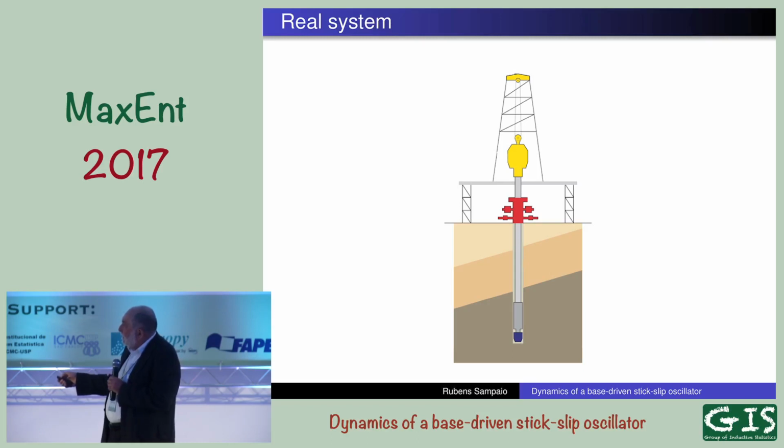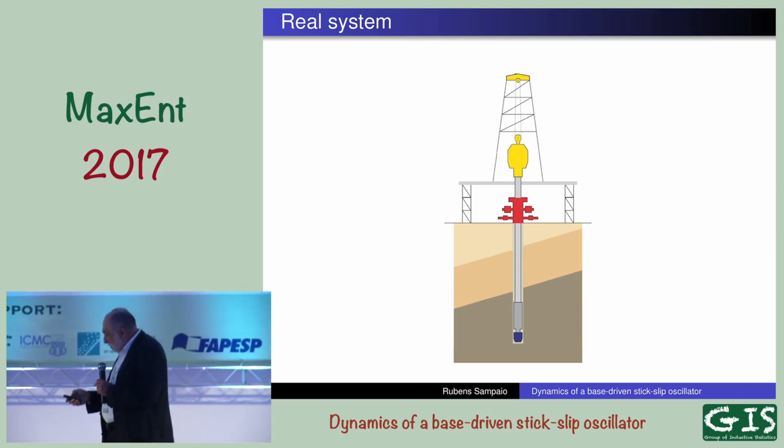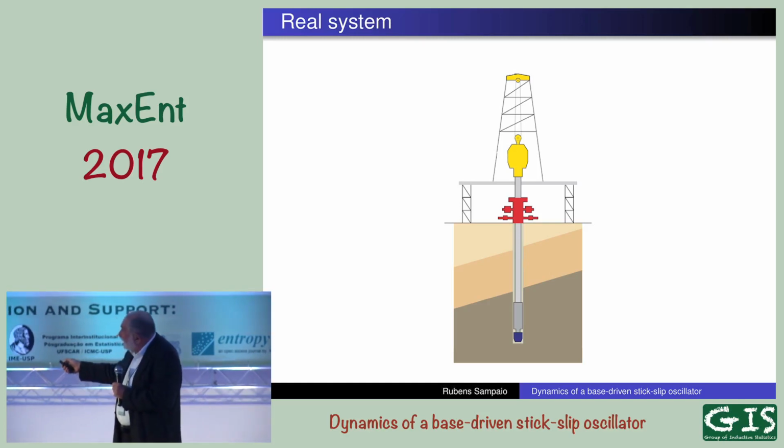So what's the thing? When you start the motor, this thing starts to rotate, and the bit starts to perforate the earth. And because there is friction here, high friction, this thing is a rock. Sometimes the rock holds the bit. And when the rock holds the bit, the motor does not stop, it continues to rotate.